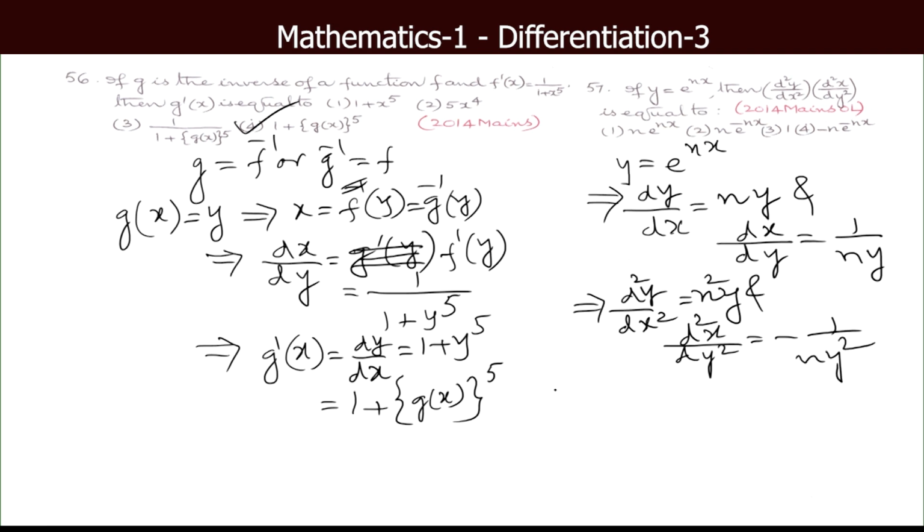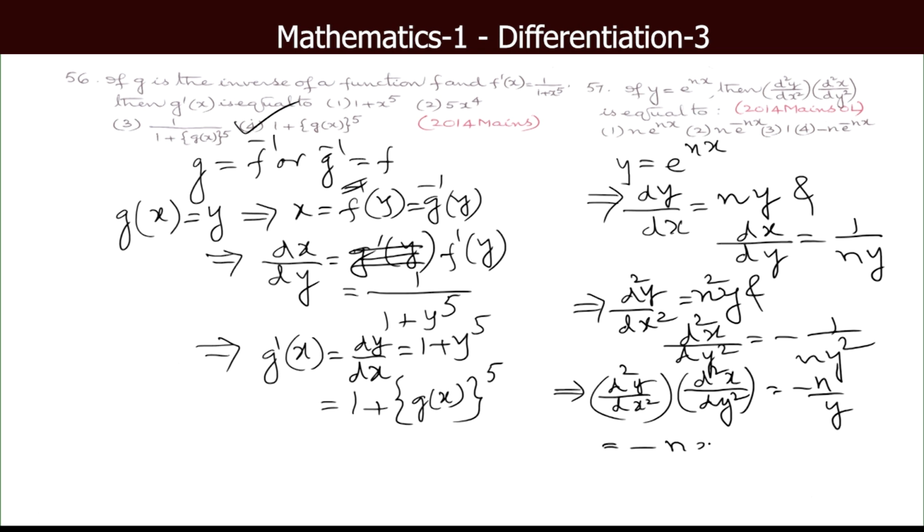So, multiply these two, d square y dx square into d square x dy square, when you multiply, minus n by y or minus n times y power minus 1, e power minus n x, because y is e power n x, 1 by y is e power minus n x. So, the product is minus n times e power minus n x, which is the fourth option.